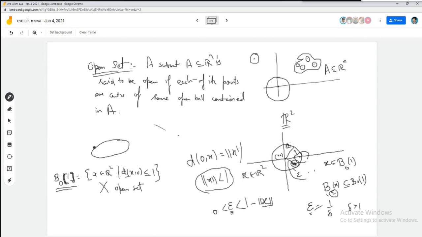Now in this way you can talk about many open sets. In particular, if you take any closed curve like an ellipse and consider its interior points, removing the boundary points, this is an open set.